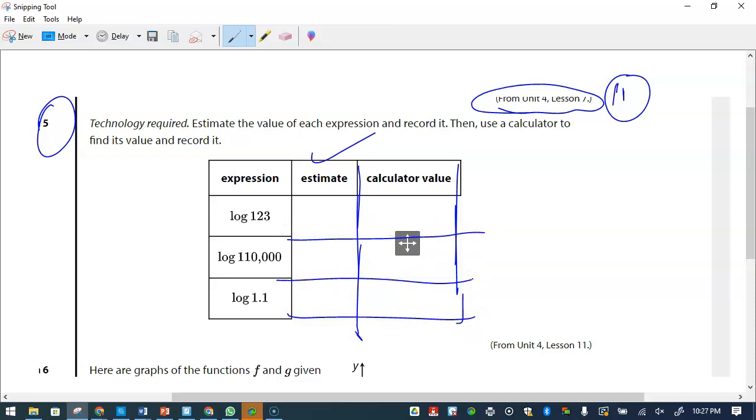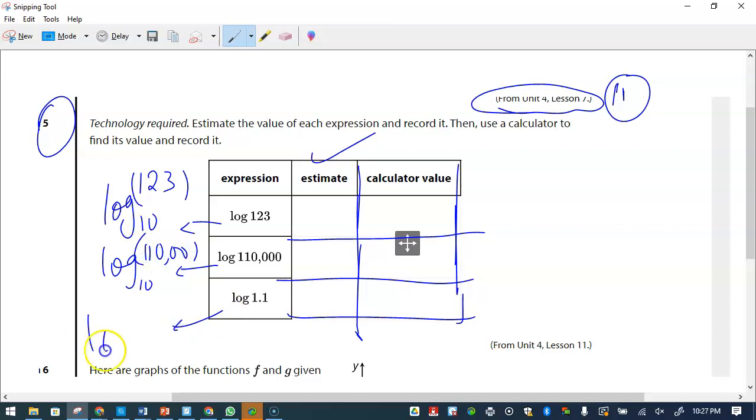It's not difficult. What this means is logarithm of 123 to the base 10, right? Then this means logarithm to the base 10 of 110, like this, and this means logarithm to the base 10 of 1.1.